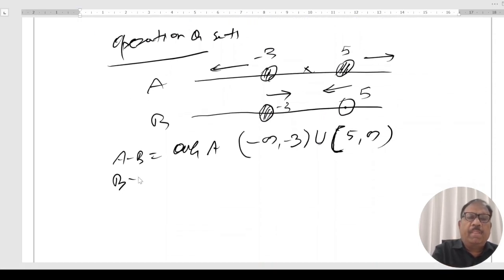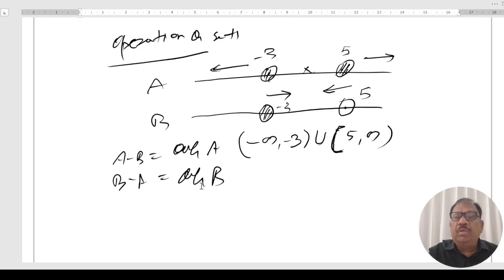B minus A. Only B means only A को माइनस कर दीजिए. Only A, minus 3 is common. Minus 3 को हटा दीजिए. तो minus 3 to 5, open interval.